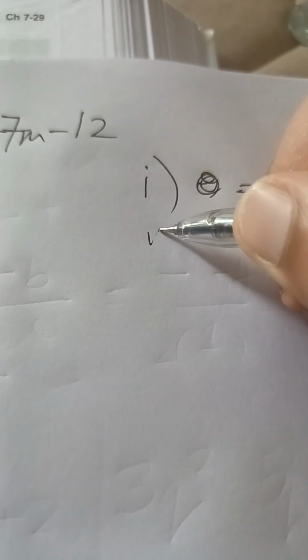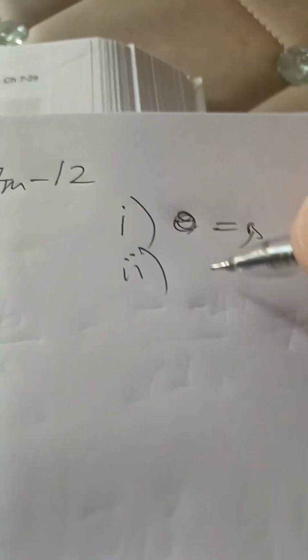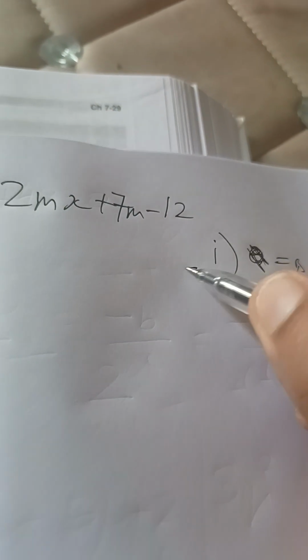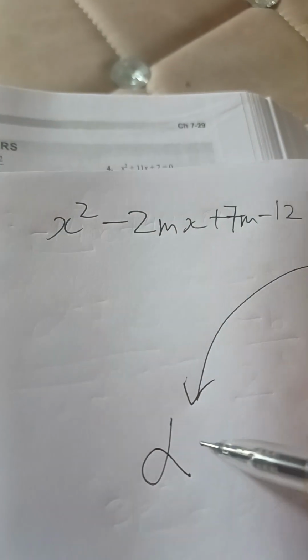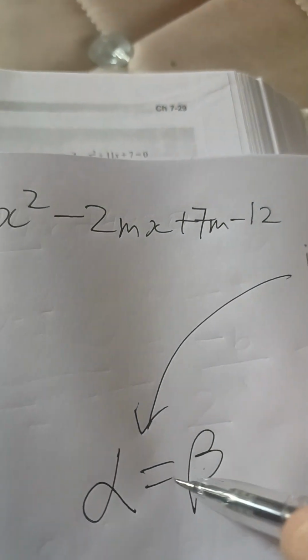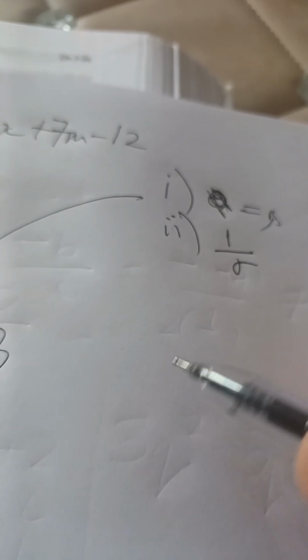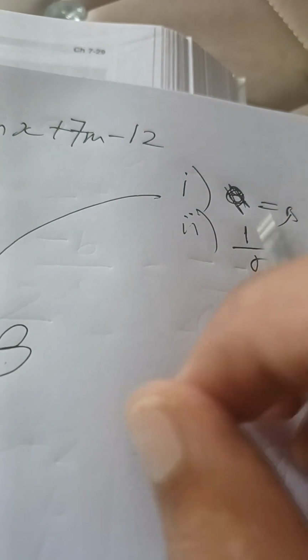The first part is what values would make it have equal roots, and what values would make it have reciprocal roots. Okay, guys, so what equal roots means is that alpha is equal to beta, which means x literally just has one value.